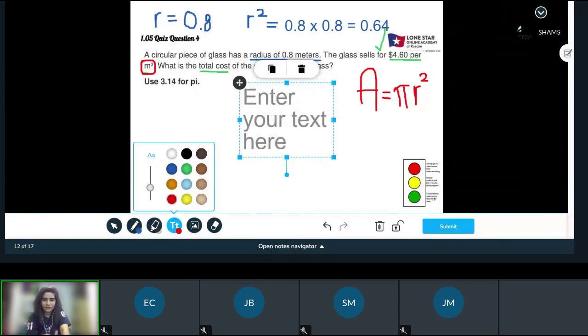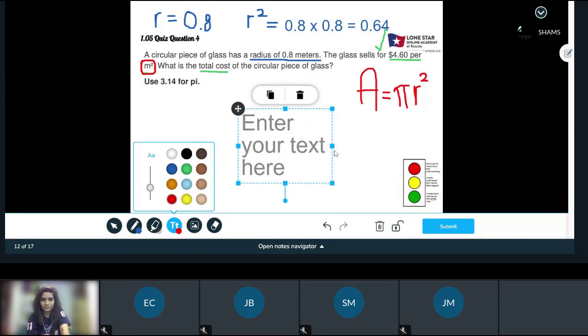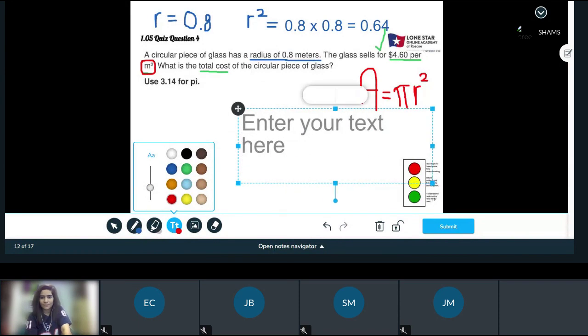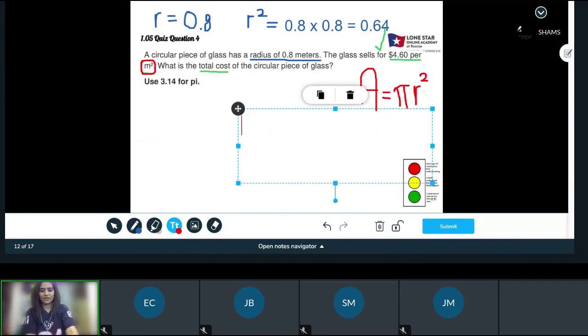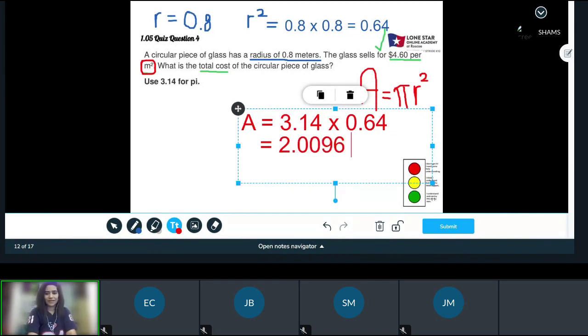Then I'll do area of the circle. Area equals 3.14 times 0.64, and I agree to the answer being 2.0096. Yes, and that is in squared meters.